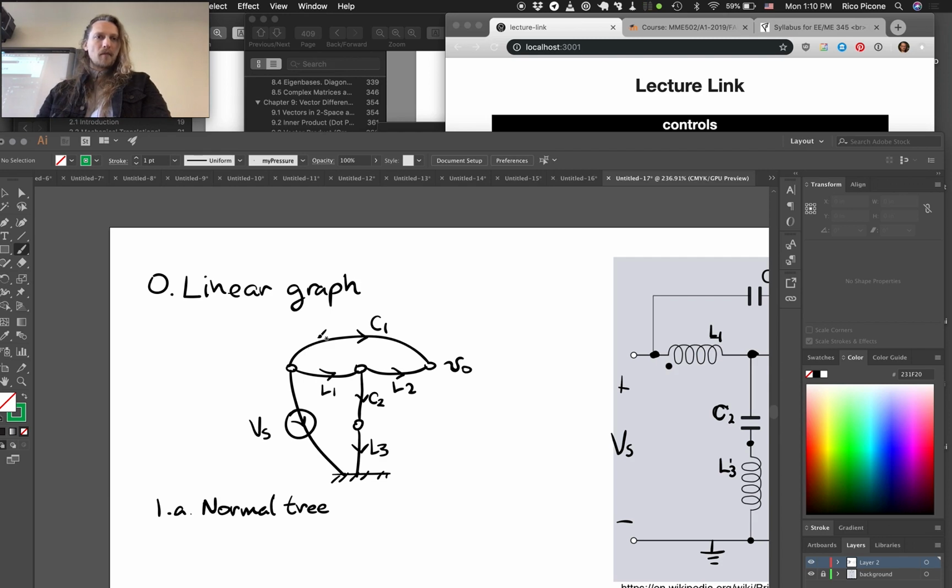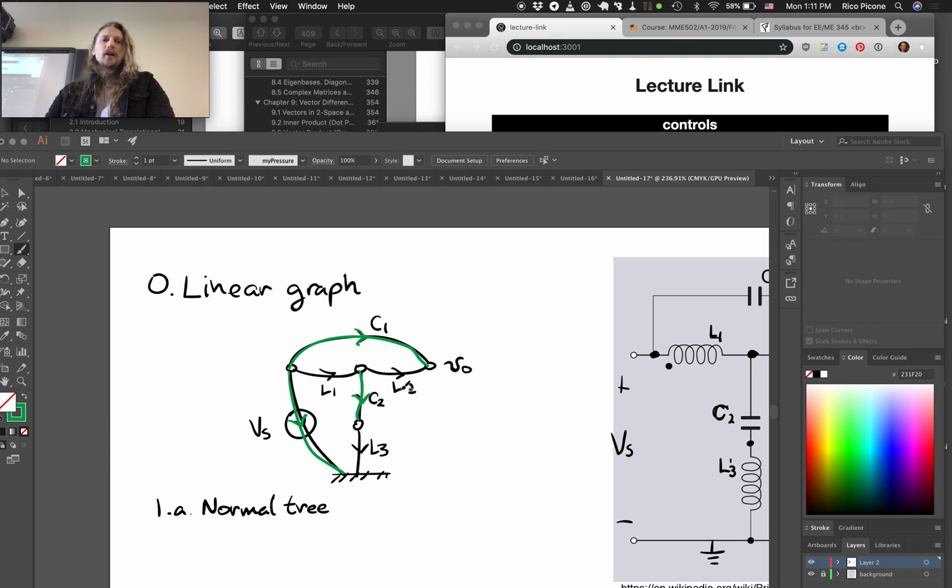I see an across variable source, Vs. That'll be in our normal tree. And then we see A-type energy storage elements. So there's C1, there's C2.